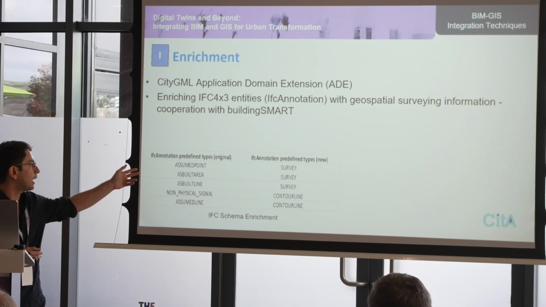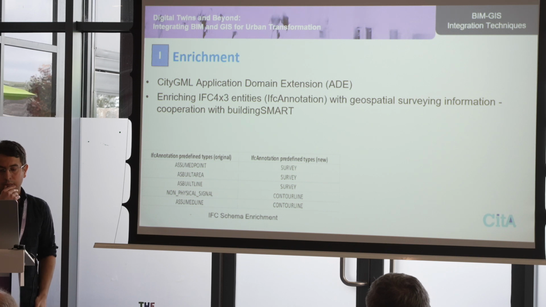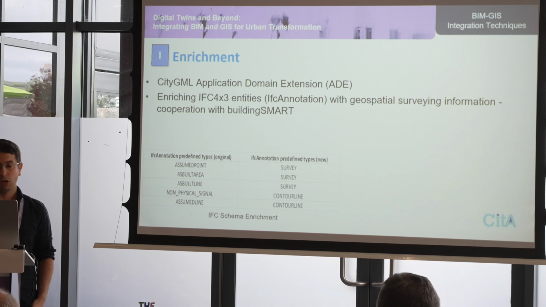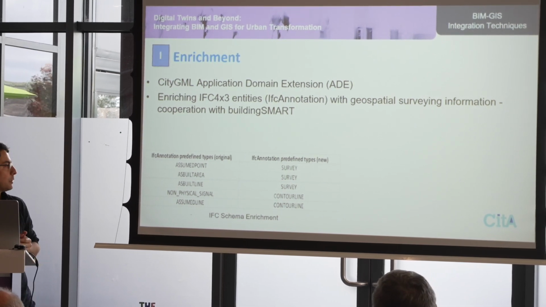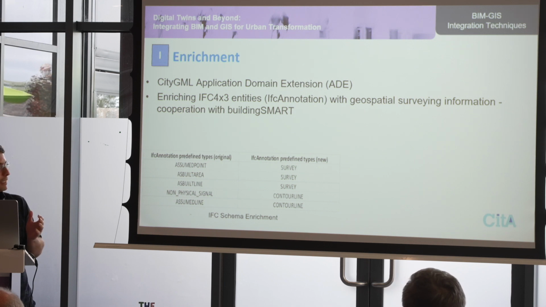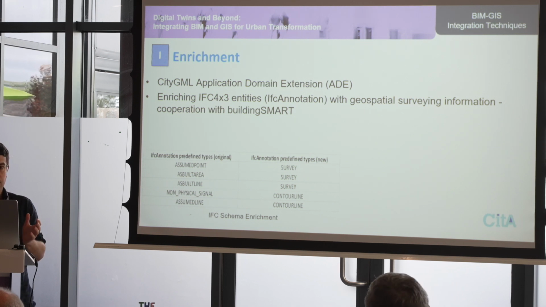Originally, the predefined types were very confusing, actually, and I got in contact with buildingSMART. Fortunately, they took my suggestions and changed the predefined types to be more aligned with surveying, specifically with geospatial surveying information.